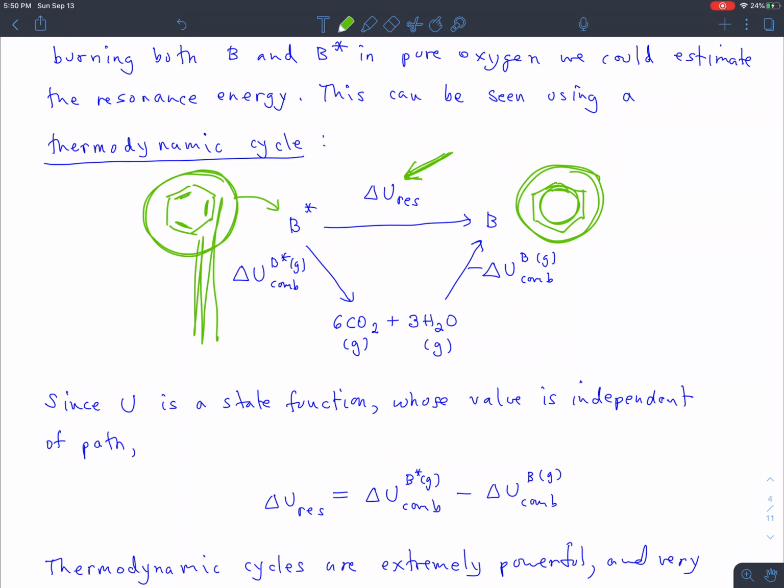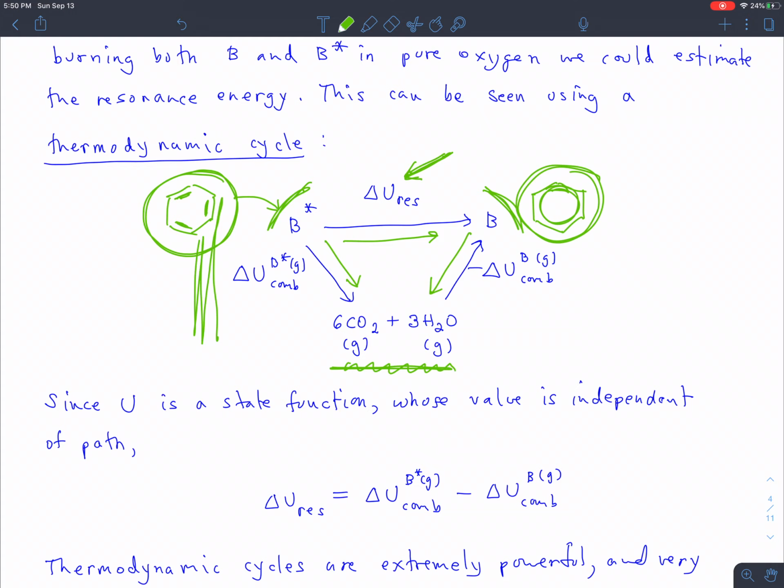But even then, we would have to have some way of converting this idealized, localized molecule into the true benzene. And the way we do that from a practical point of view is we burn them both. So we burn the localized benzene B star in oxygen to produce CO2 and water. We burn benzene also to produce an equal amount of CO2 and water.